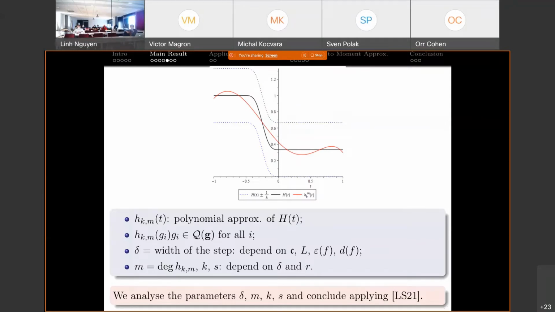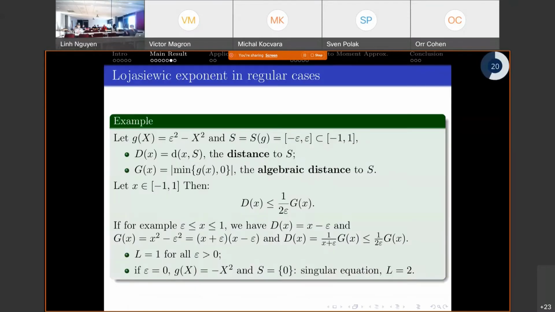Because it was a square polynomial, it was like, I don't know, 1 plus t to the power 2m, where m goes to infinity. So it was growing. Okay. Are there other questions? No? So I go on.